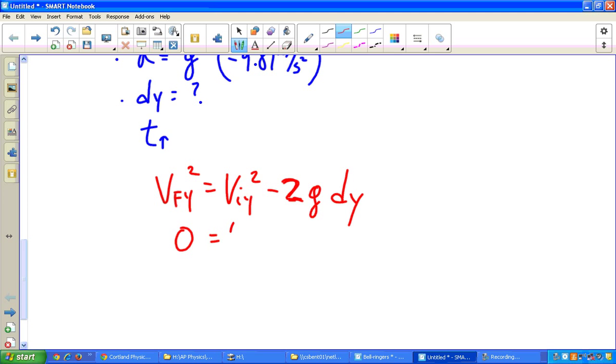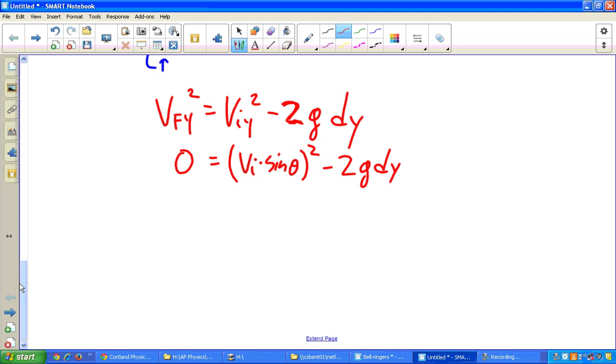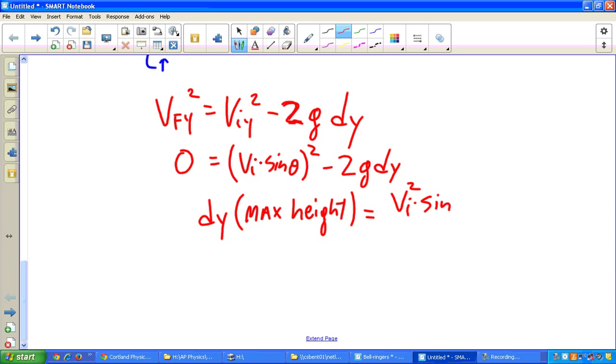My initial velocity, recall, is VI sine theta, so 0 equals VI sine theta squared minus 2g dy. Now I just quickly rearrange it, and I get my max height is VI squared sine squared theta over 2g.